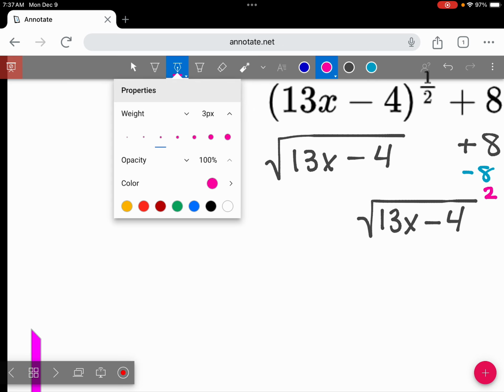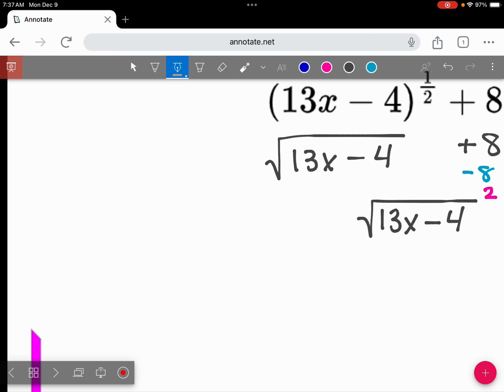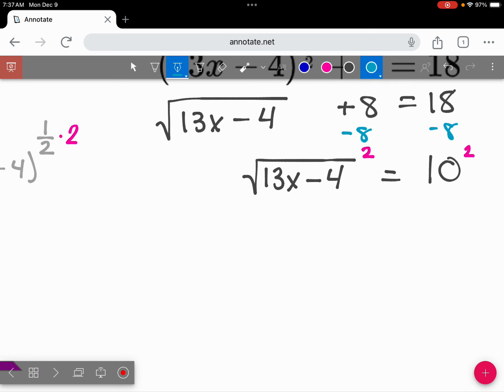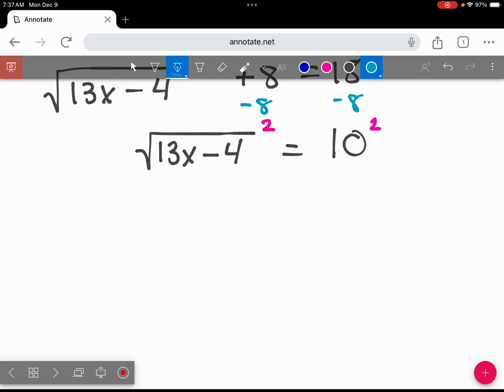I'm going to put a little example over here. If I kept it as 13x minus 4 to the 1/2, and I raised it to the power of 2, we would still wind up with an exponent of 1 on the 13x minus 4, because 1/2 times 2 would be 1. So it gives you the same thing, whether you put it as a fraction or as a radical.